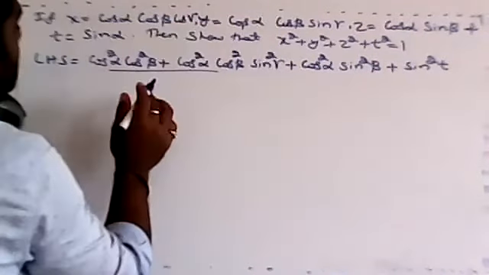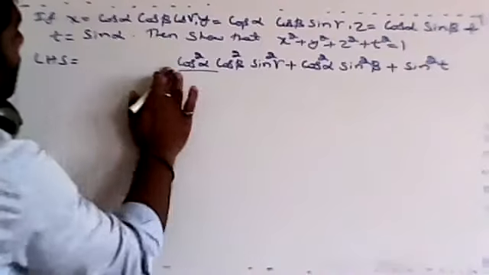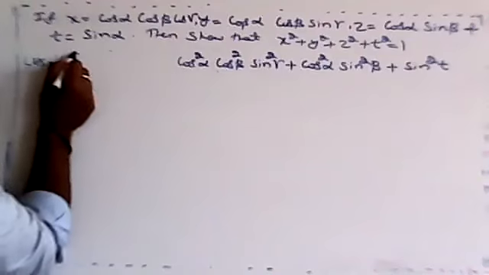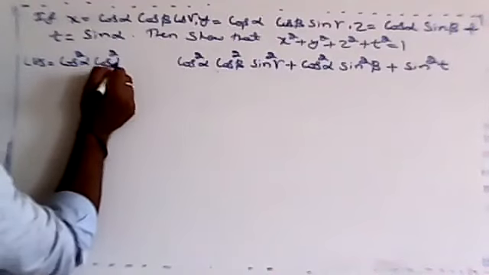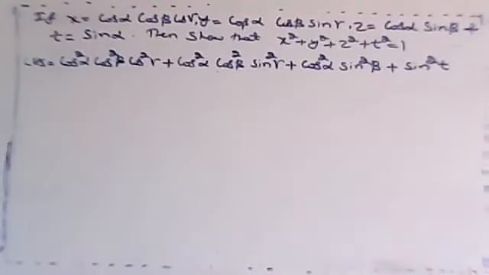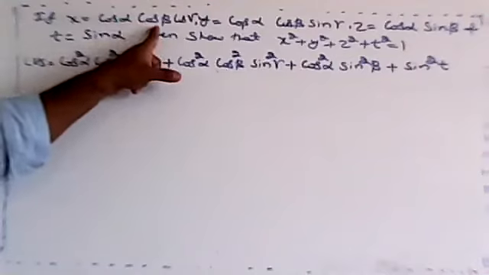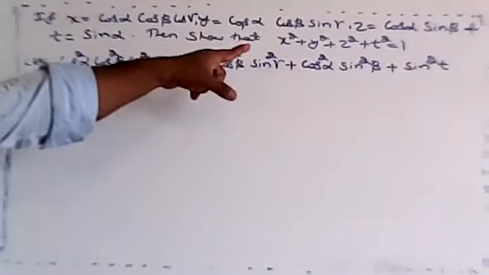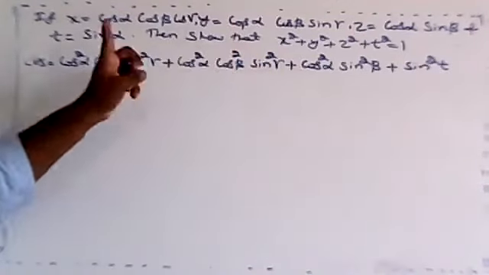So we'll get here cos square of alpha, cos square of beta, and one more is cos square of gamma plus. Okay, just correct it. This is x equal to cos alpha, cos beta, cos gamma, and y equal to cos alpha, cos beta, sin gamma. Z equal to cos alpha, sin beta, and t equal to sin alpha. Now it is correct. I substituted.